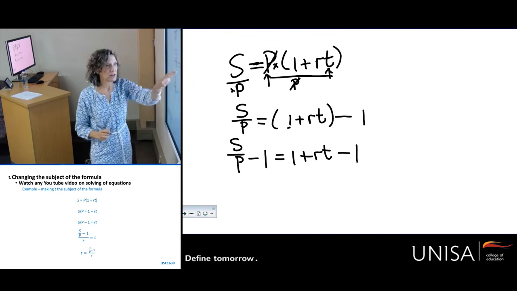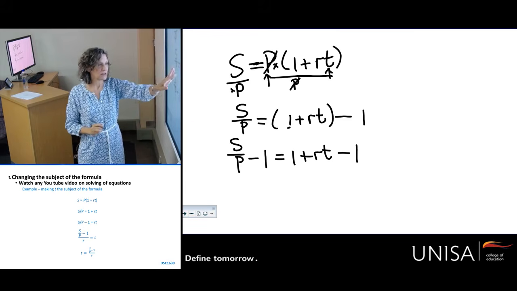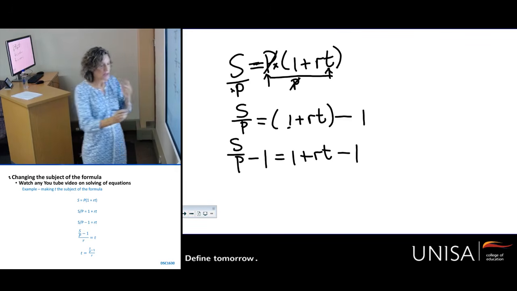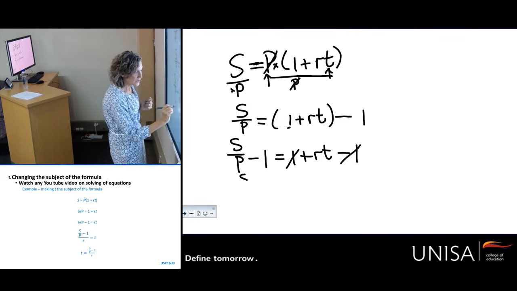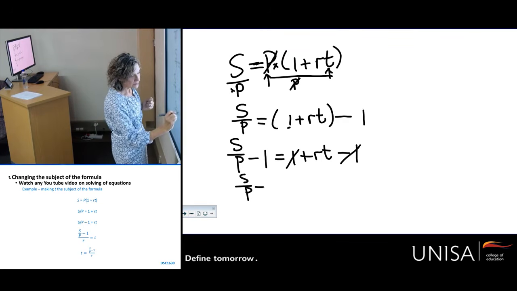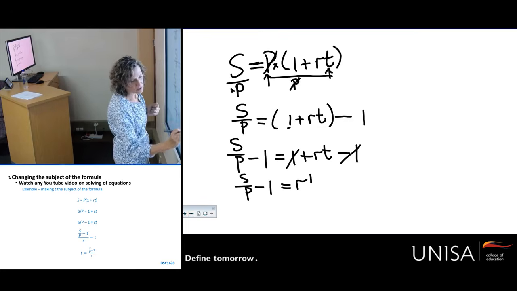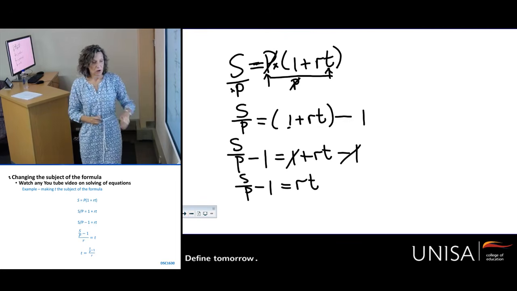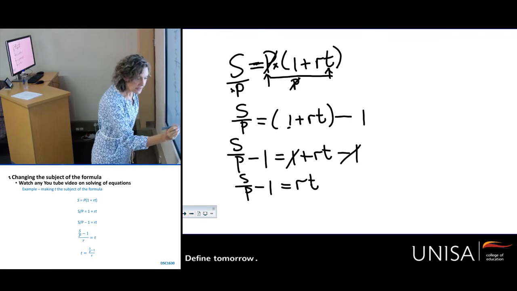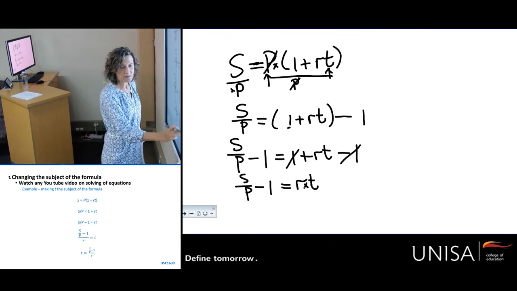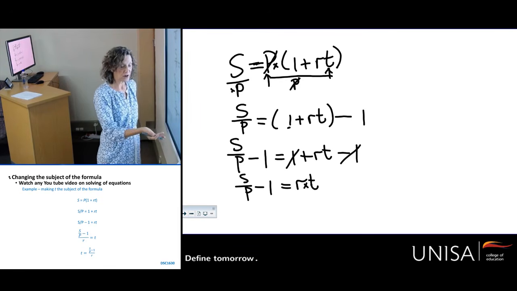You can take the brackets away because it's 1 plus RT. It doesn't matter if there are brackets or not. In that instance, that and that cancel out. So I've got S/P minus 1 is equal to R times T. Right, I want T, so I need to take away the R. What is the opposite calculation?